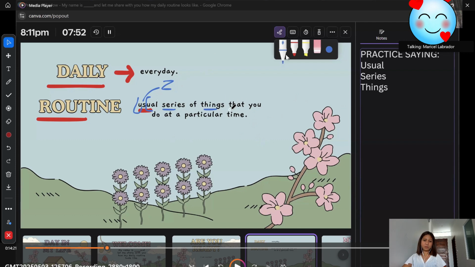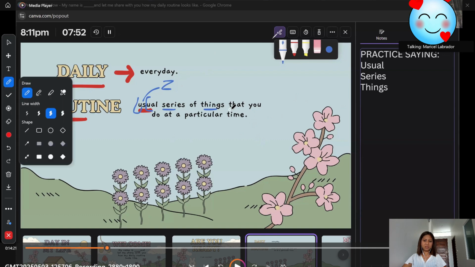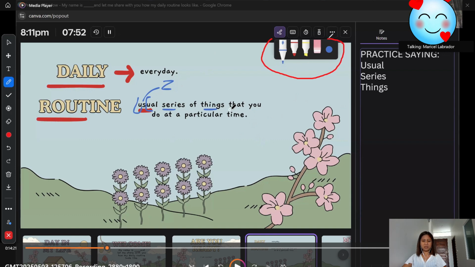Why do you have to use these tools? These tools you can use whenever you want to let the student pronounce some words. So yeah, that's very useful and it's very interactive.